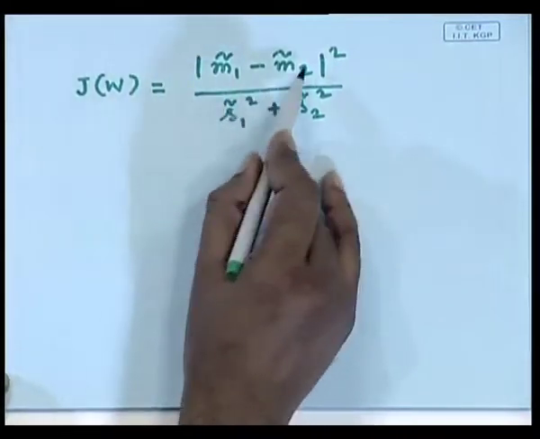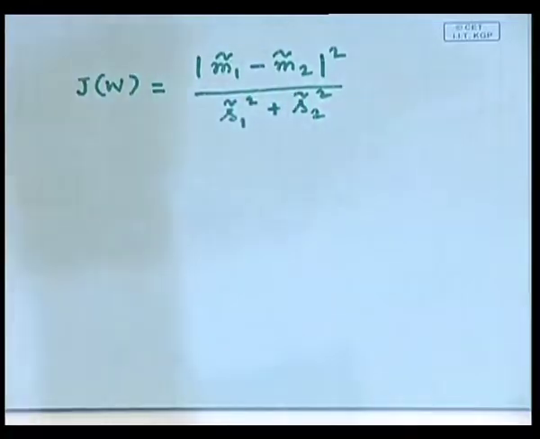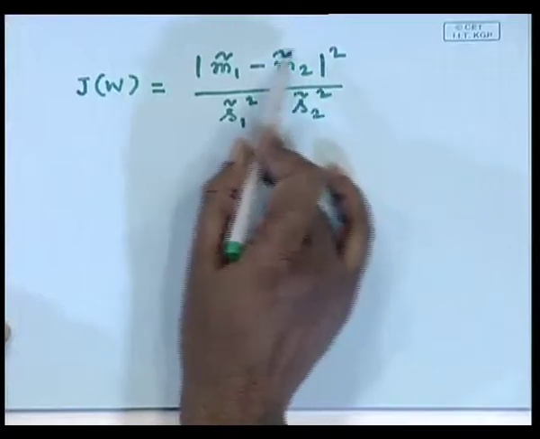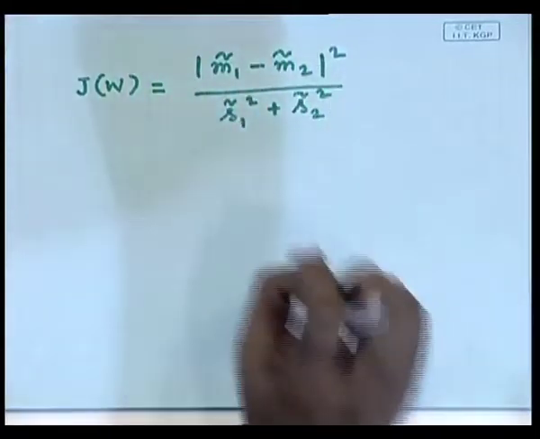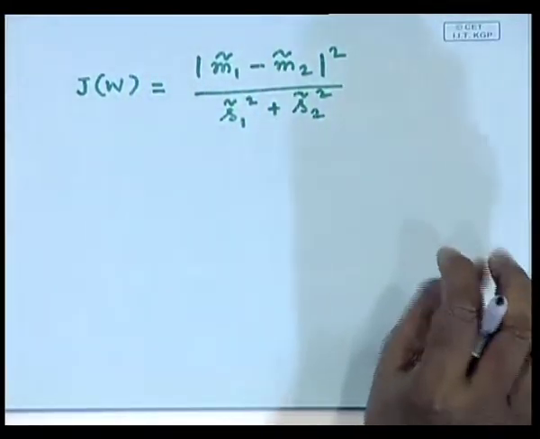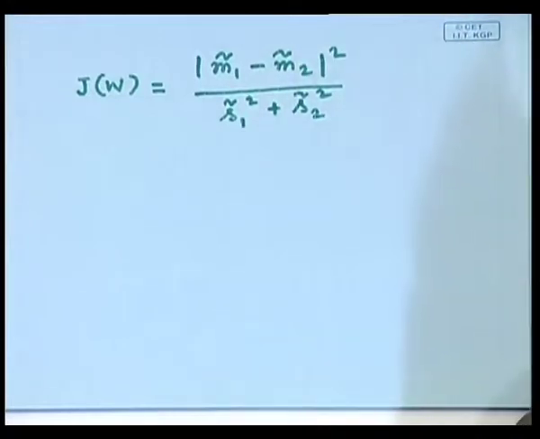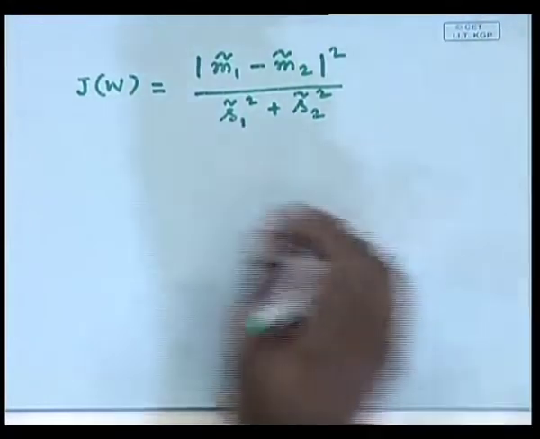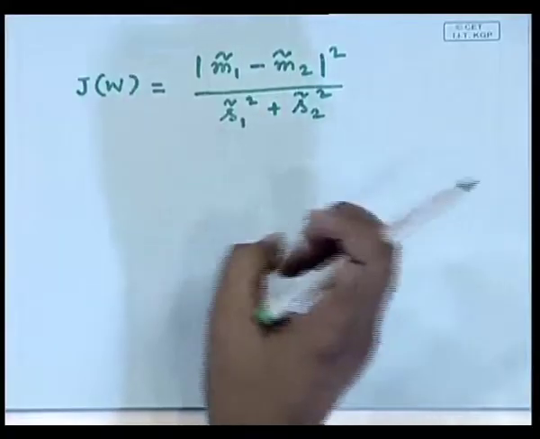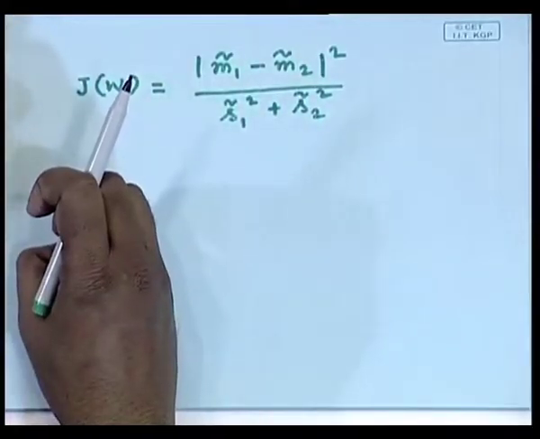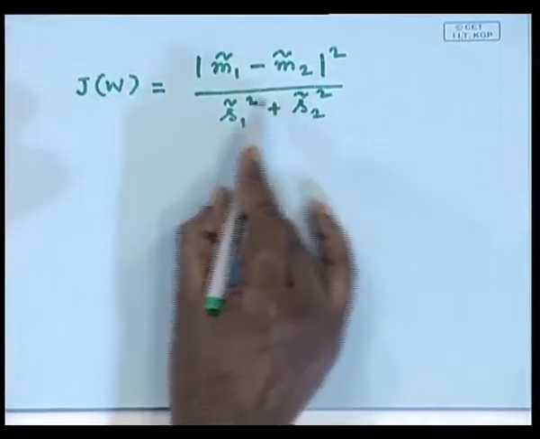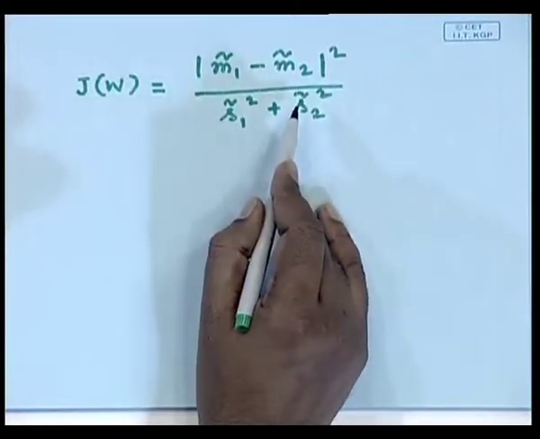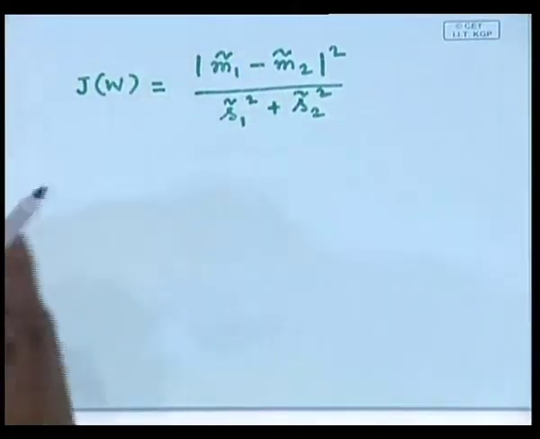So, I can say effectively that this being the difference between two classes or two means, this is something similar to inter class scatter, okay, and this is something similar to intra class scatter. So, if intra class scatter is less, that indicates that your data distribution is very compact.